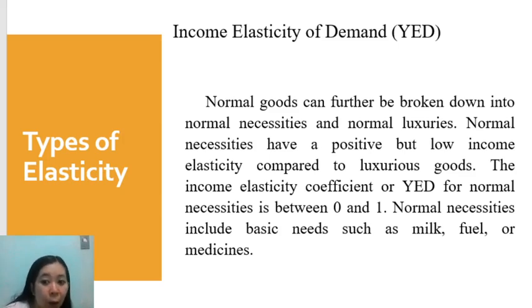So these are our normal necessities. Again, for normal necessities, the income elasticity coefficient is between 0 and 1. So we have a positive but low income elasticity for these types of goods.